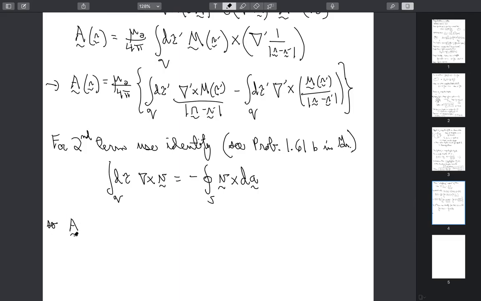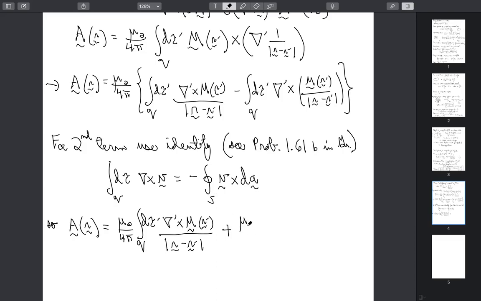So we can rewrite our vector potential A of r as a sum of two terms. There's mu 0 over 4 pi. This is the first term completely unchanged, just as it is, d tau prime, and then the curl with prime coordinates of M at r prime, and all of this divided by r minus r prime. And then the second term, I use this identity, so the minus sign goes from this.